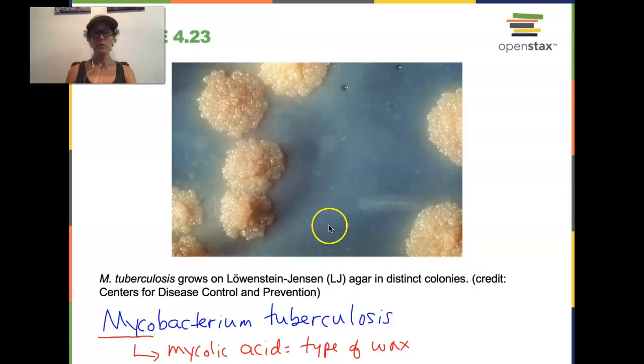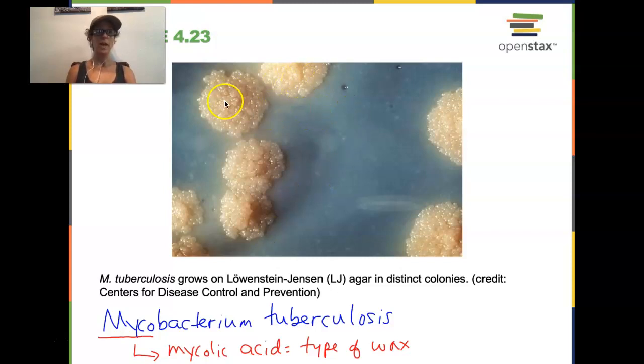But the other reason why we wouldn't culture other Mycobacterium that do not cause serious disease is that wax makes them grow super slowly. If we were to take most bacteria, take a little dip and streak them on agar or put them into broth, within 24 hours we would have billions and billions of microbes.